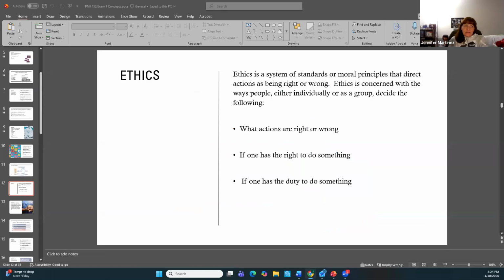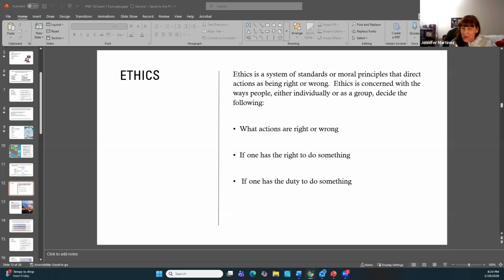Then we have our ethics. Ethics is the system of standards or moral principles that divide our actions as either being right or wrong, right? It's about whether one has the right to do something, if one has the duty to do something, if one ought to do something.